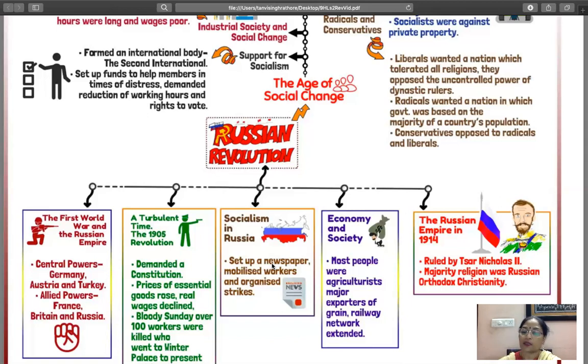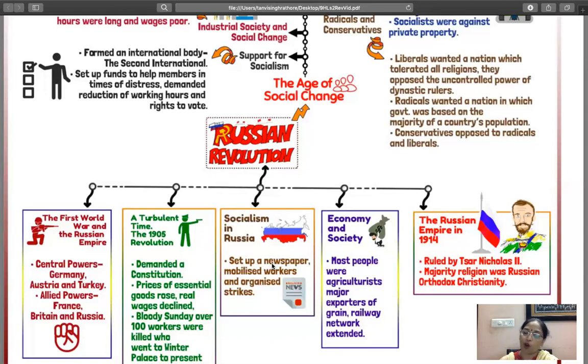While the Socialist Revolutionary Party believed that Russia was a natural socialist country, because it was agriculture based, and the peasants pooled the land. They followed a process of farming where the commune divided the share as per the need of the families.